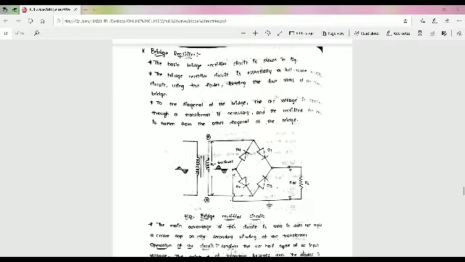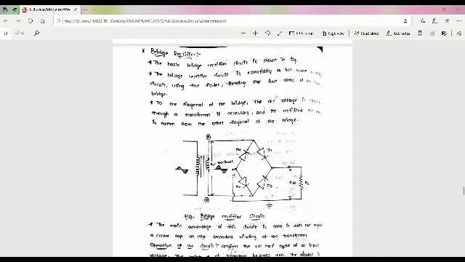In this system, the rectifying elements are either copper oxide type or selenium type.